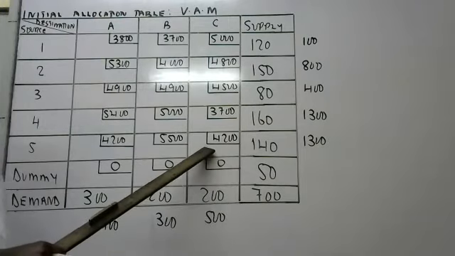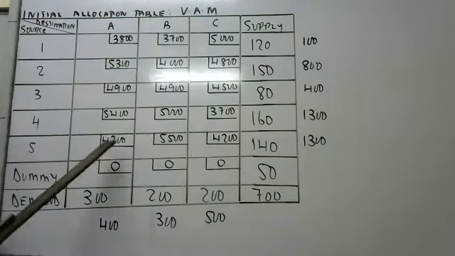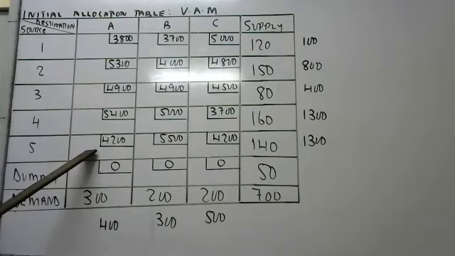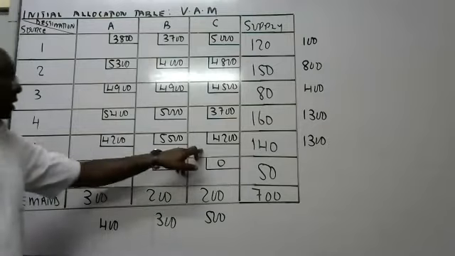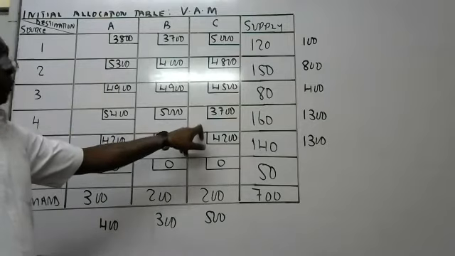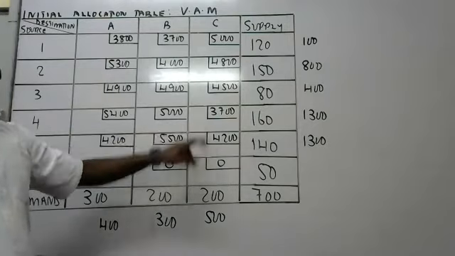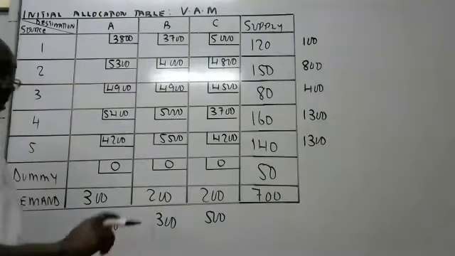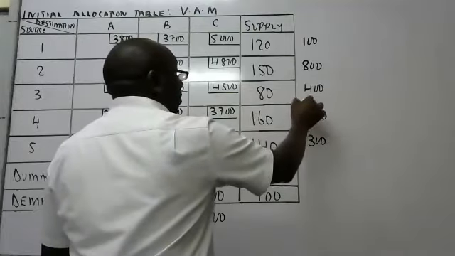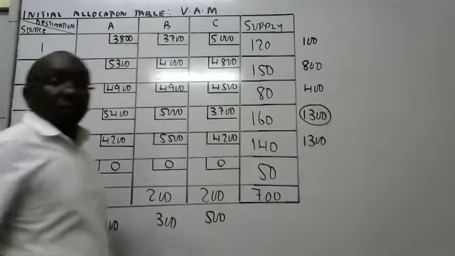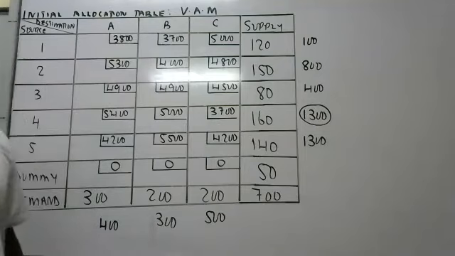So the maximum we can put here is 140. The same thing applies here. So this one can take 140, this one can take 140, and this one can take 160. So we go for the one taking the highest. So that means we select this one.